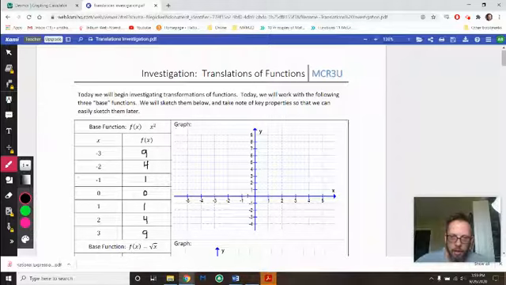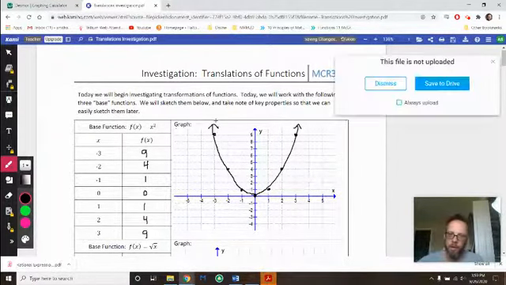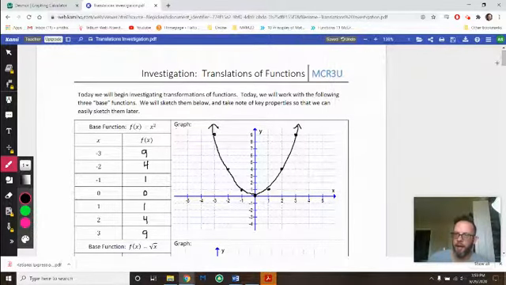From grade 9, you know the basic parabola y equals x squared goes through 0, 0 as its vertex, and 1, 1, and 2, 4, and 3, 9. 1, 4, 9, because those are perfect square numbers. Again, ideally you have that ingrained from your grade 10 course.